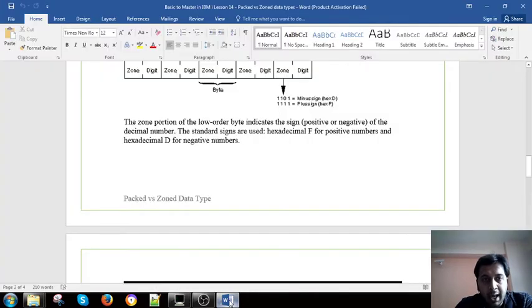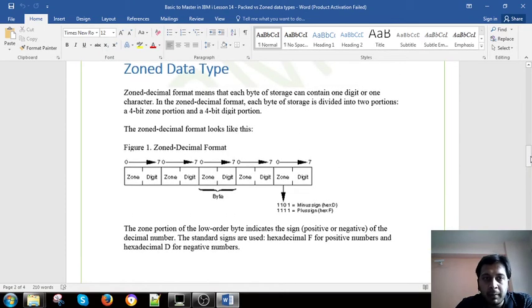The main difference between packed and zone is the storage. If you declare a zone of length 10 and a packed of length 10, the packed will take 6 bytes, however the zone will take 10 bytes. That is very, very important.